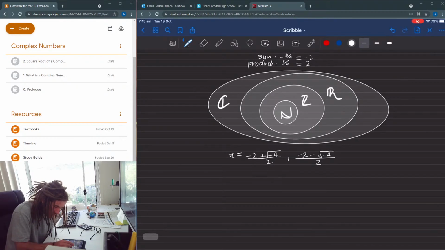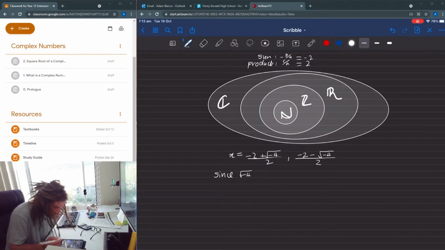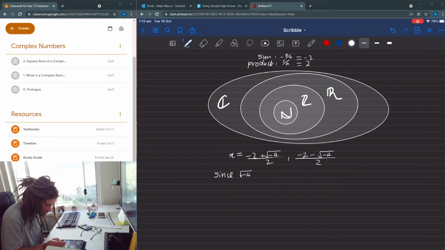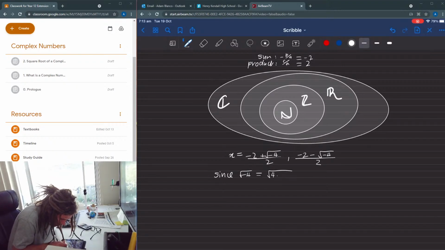If we investigate this root -4, we can simplify this, because we've got 4s and 2s. So let's make this as easy as possible on ourselves. I can rewrite that as the square root of 4 times -1, and then I can write it as root 4 root -1, which is 2 root -1.